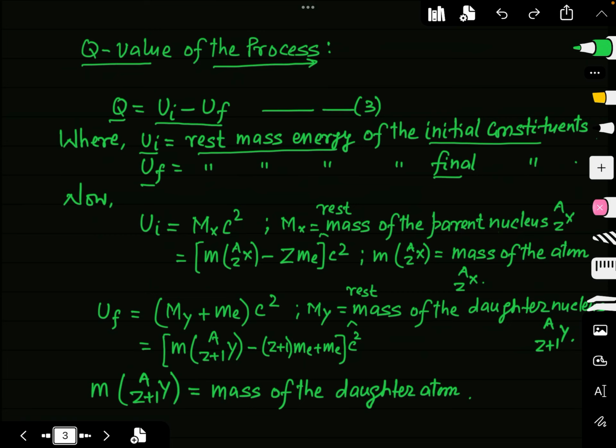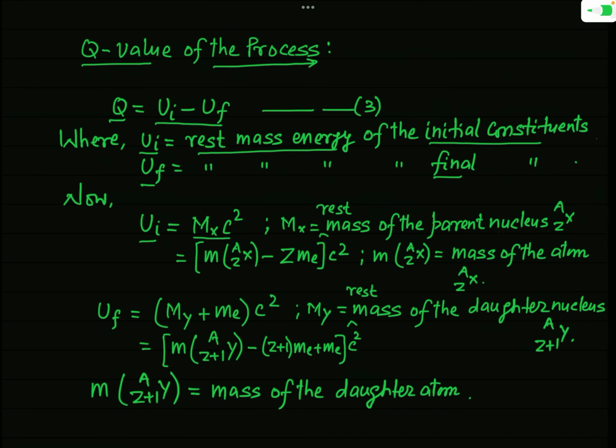In the first expression I have written Ui equal to Mx times c square. What is this Mx? Mx is actually the rest mass of the parent nucleus. Mark it. This capital Mx represents the rest mass of the parent nucleus.